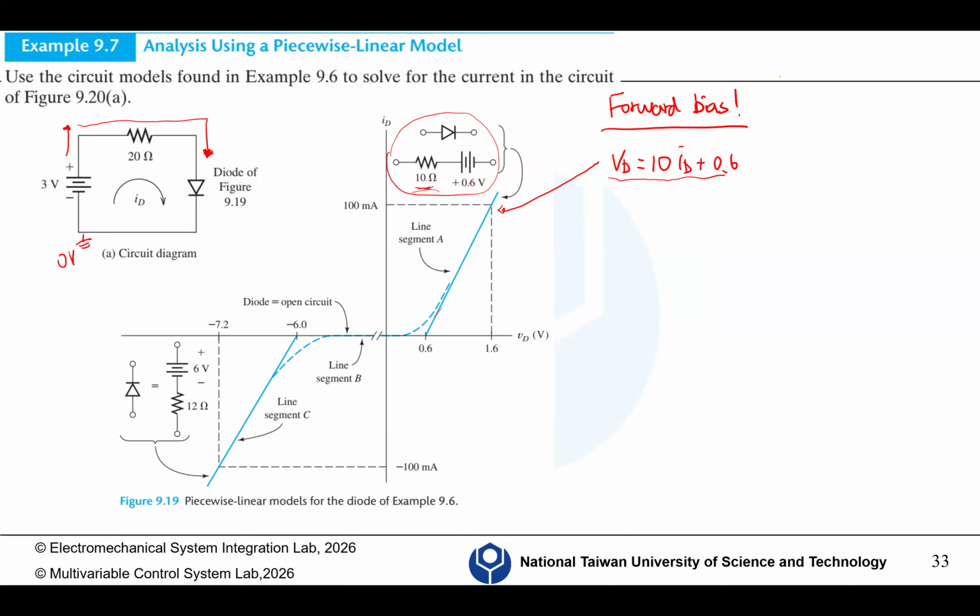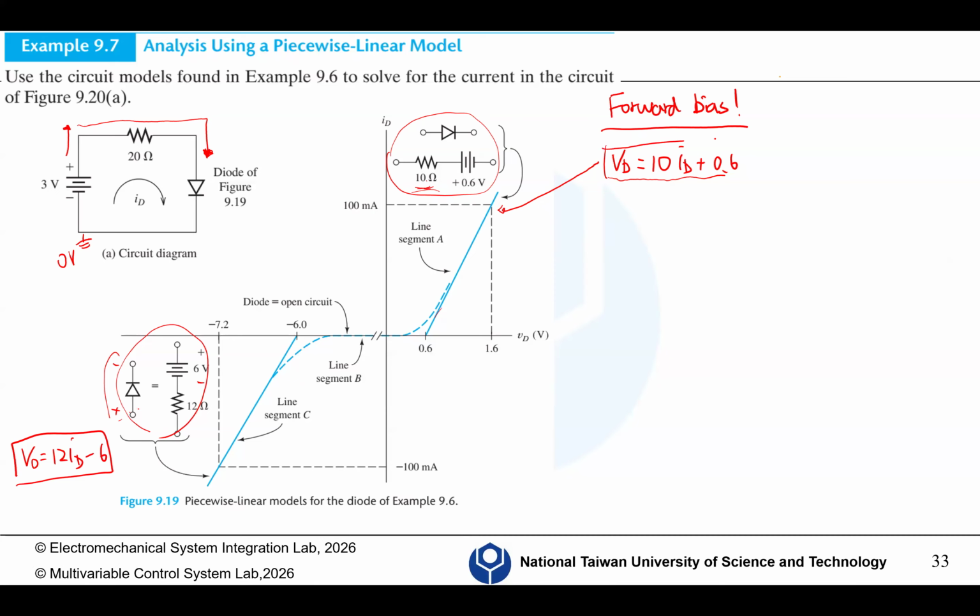If it shows like this, then the line equation is VD equals the equivalent resistor in series with a voltage source times ID, and because it's in the opposite direction of the polarities of this diode, it's minus 6. Assume it's given to you.